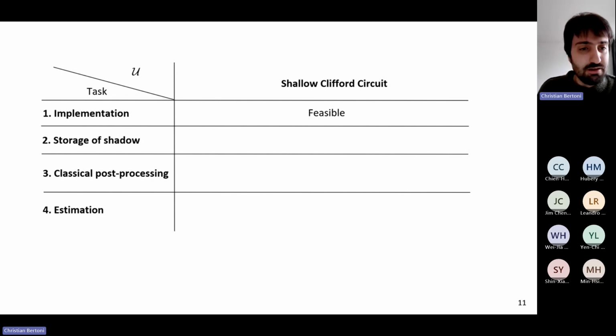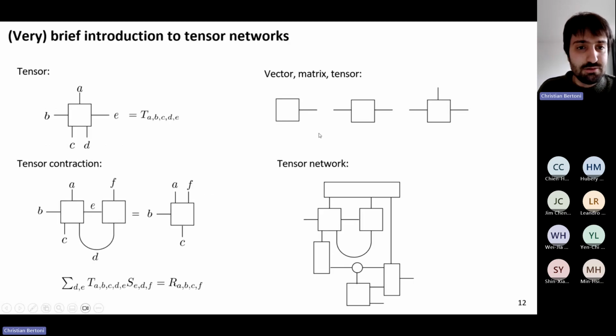And now I move on to explaining the shadows, and I do an extremely brief detour to tensor networks. I'm sure that all of you are familiar with this already. I just want to get it out of the way and explain the notation as well.